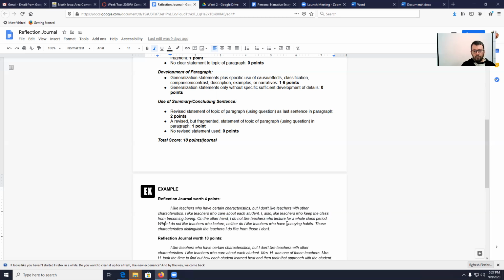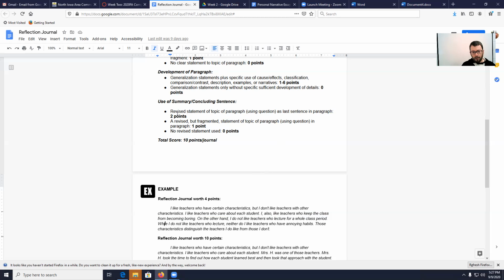All of these are very general statements. So if I were looking at the development of the paragraph, if I were grading this, I would probably not give it any points, or maybe only 1 point. So we go from 2, maybe 3 points at most. Now those characteristics distinguish the teachers I like from the ones I don't.